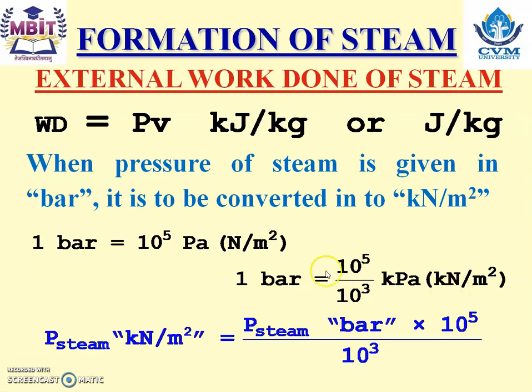So if they have given you the pressure of steam in bar, the pressure of steam in kilonewton per meter square is equal to the pressure of steam in bar multiplied by 10 raised to 5 divided by 10 raised to 3. So if they have given you pressure in bar, then what you have to do? Multiply by 10 raised to 5 divided by 10 raised to 3. It will convert the pressure in bar into pressure in kilonewton per meter square.